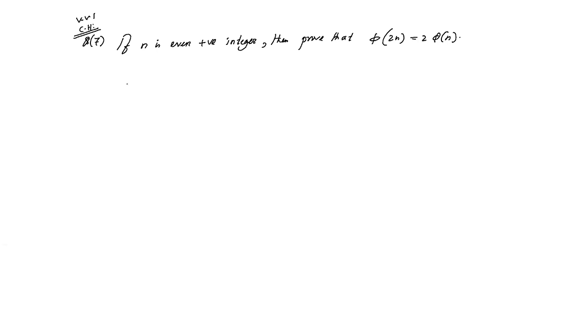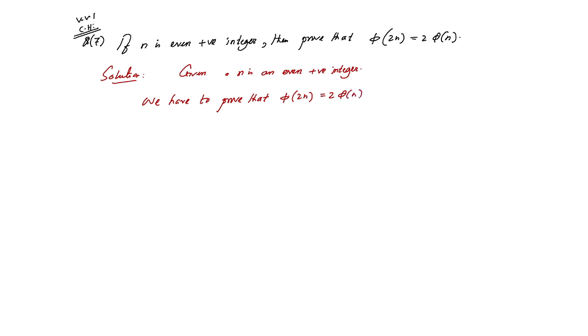So what is exactly given? Now we come to the solution. Given here, n is an even positive integer. We have to prove that phi of 2n equals 2 multiplied by phi n.